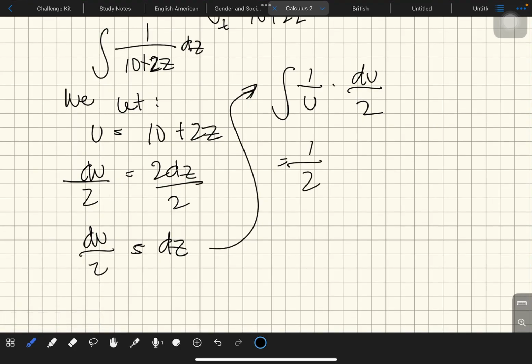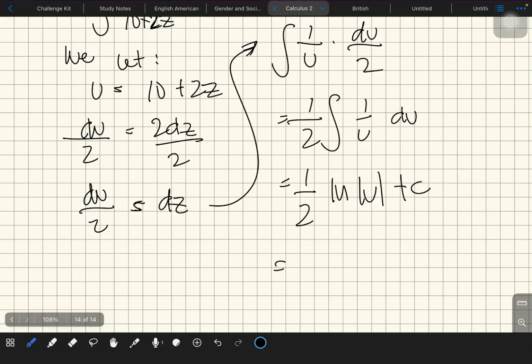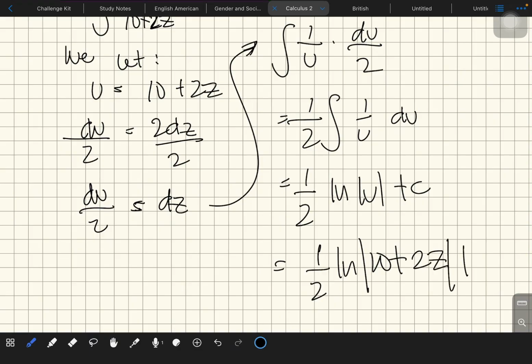Set aside the 1/2 outside of the integral: 1/2 times the integral of 1 over u du. The integral of 1 over u is ln u plus c. Therefore the value of the integral is 1/2 ln of 10 plus 2z plus c.